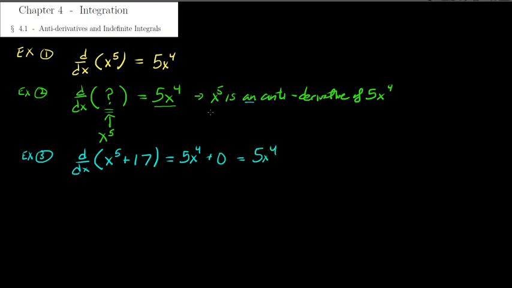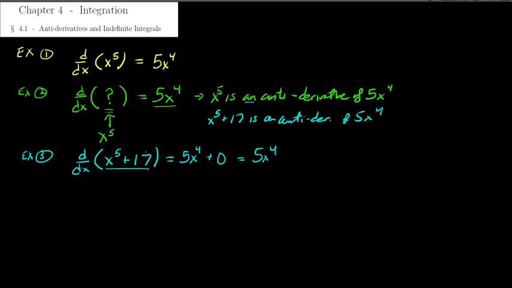So x to the 5 is an antiderivative of 5x to the fourth, but then so is x to the 5 plus 17.